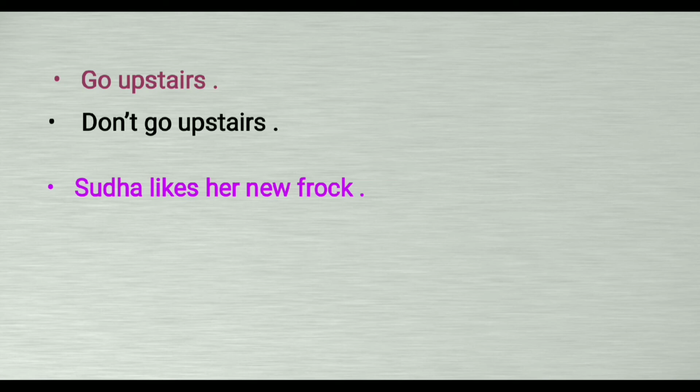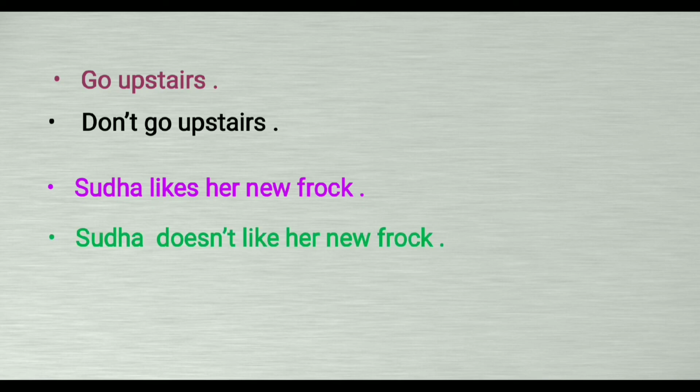Then what can we do? Yes, we use does not. So what will be the answer? Sudha, then does not, and yes, we remove s or es from the verb, write the root form of the verb, and write the whole sentence as it is. So what will be the answer? Sudha does not, which means doesn't, like her new frock. Understand?